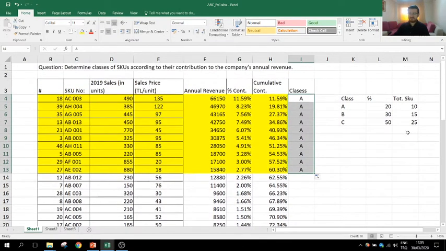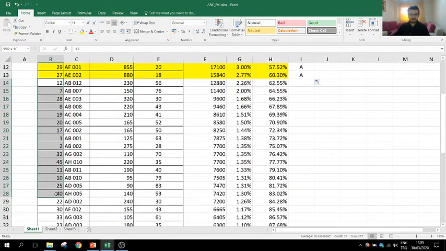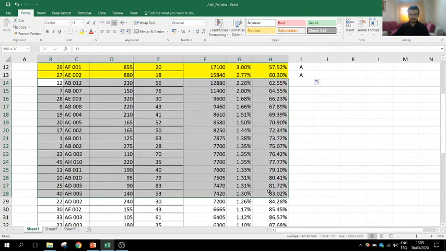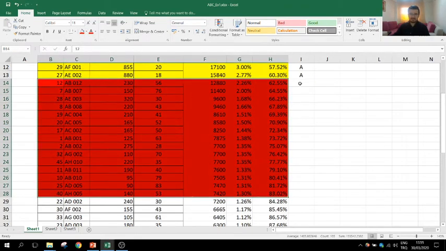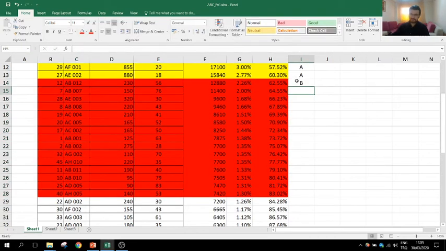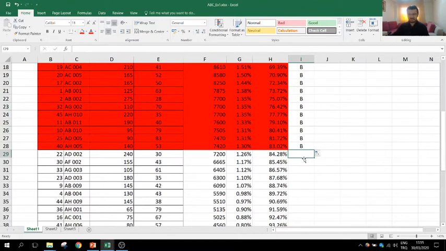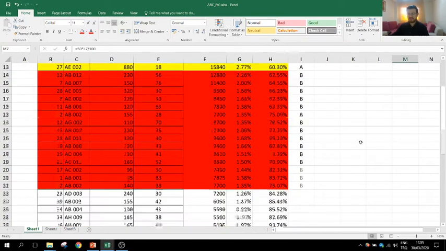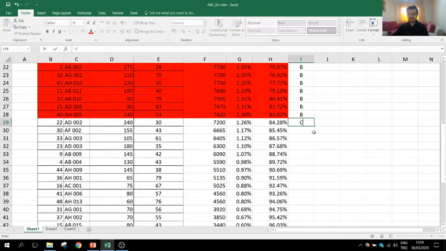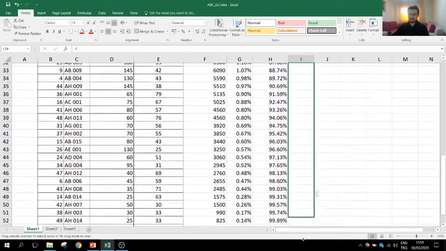And the next 15 SKUs might be assigned as class B and the last 25 SKUs will be my C items, C class items.